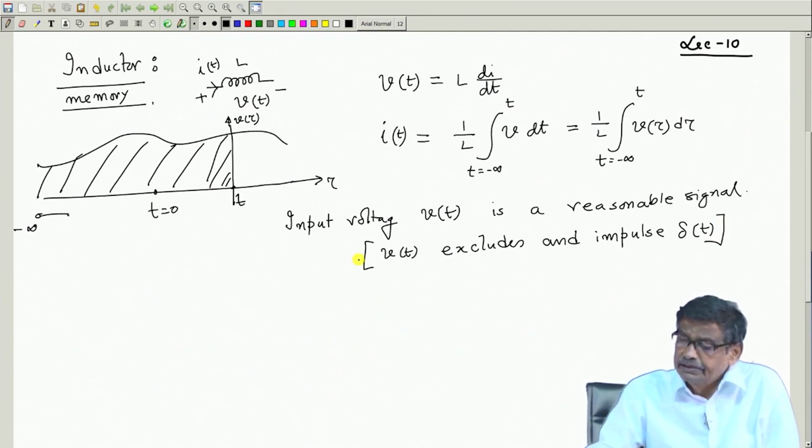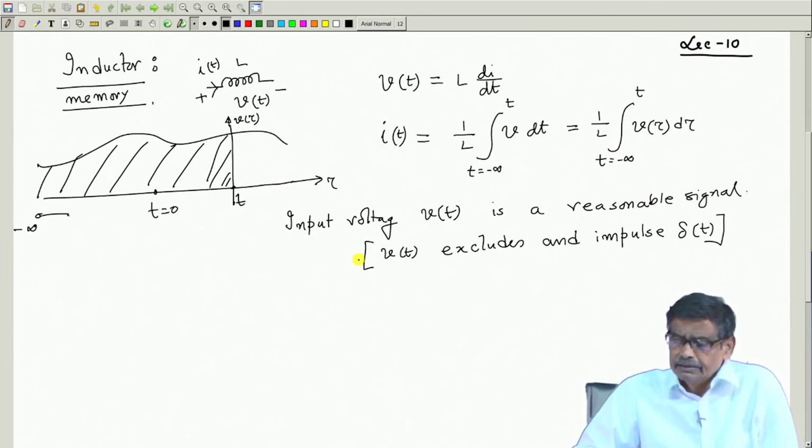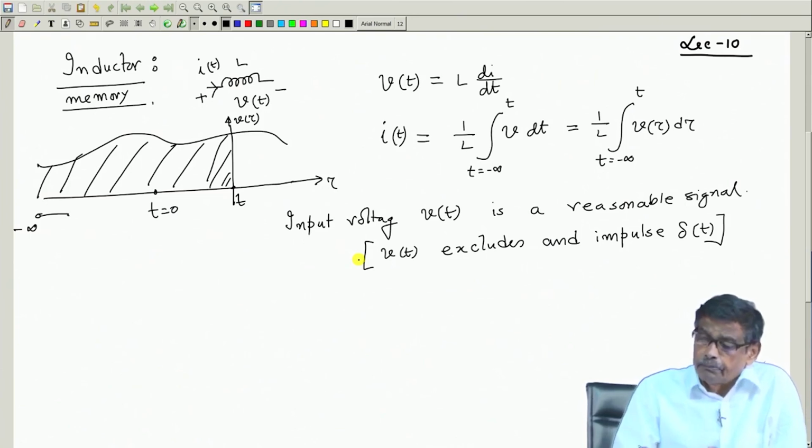We will see the implication of this impulse excitation of a circuit later in great detail. But for the time being, we will assume V(t) is not an impulse, it excludes impulse. If that be the case, then your I(t) is like this.